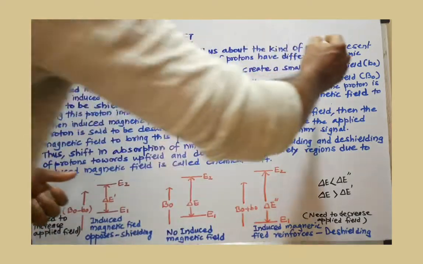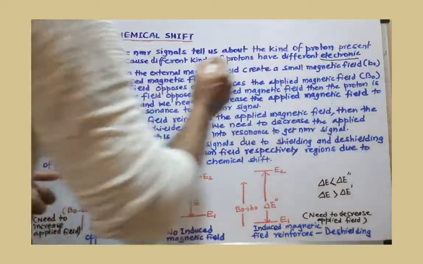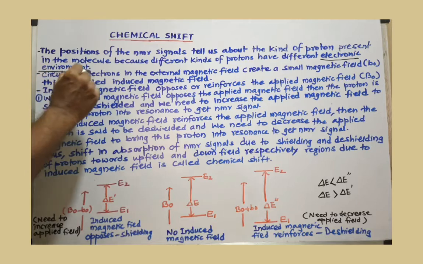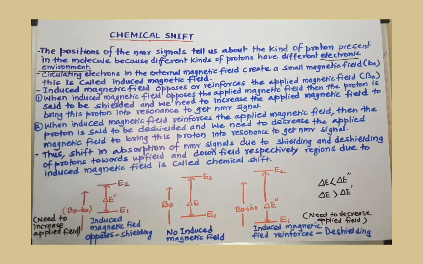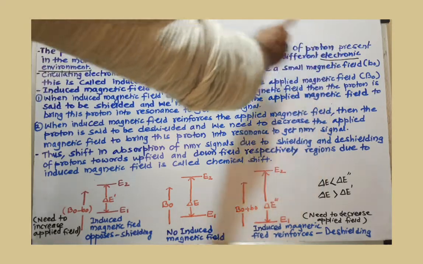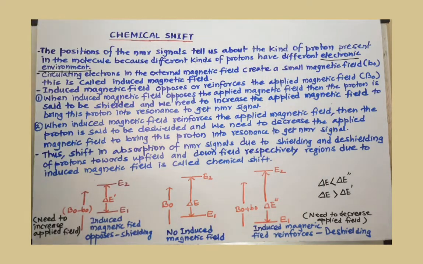That word is important: electronic environment. On the electronic environment, our chemical shift is decided. Chemical shift means where that signal is obtained, and that is decided according to the electronic environment of that proton.